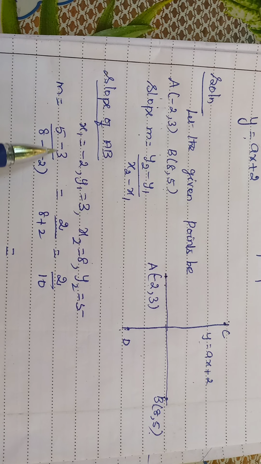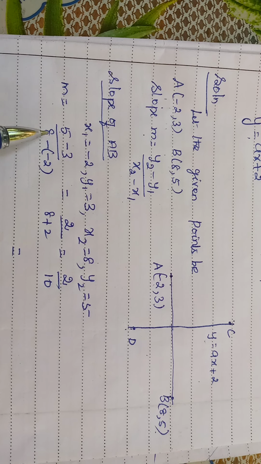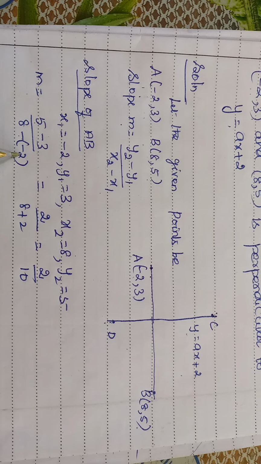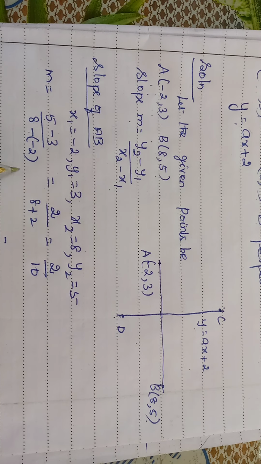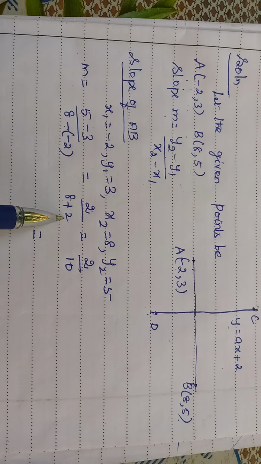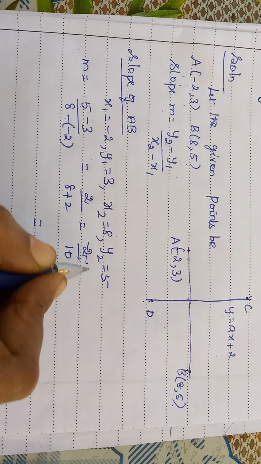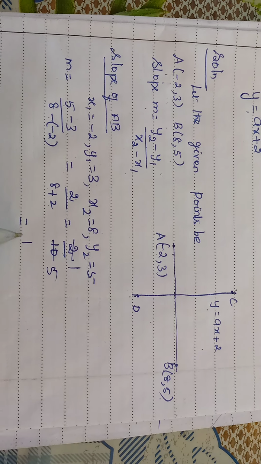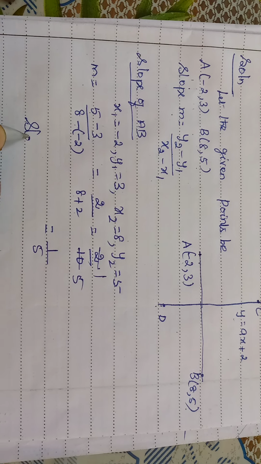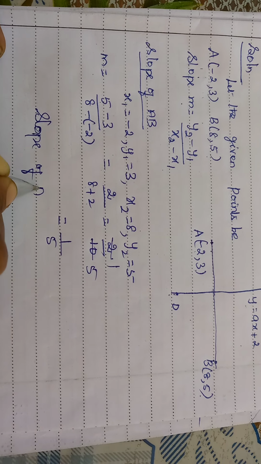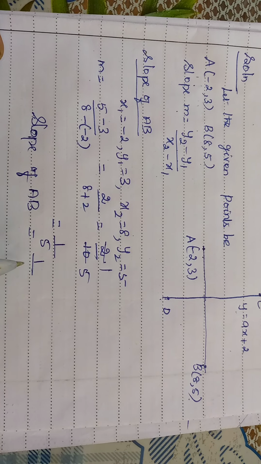So we get 5 minus 3 by 8 minus x1, which is minus 2. So which is equal to 2 by 8 plus 2, we get 2 by 10, which on dividing by 2 is 1 by 5. So the slope of AB is equal to 1 by 5.